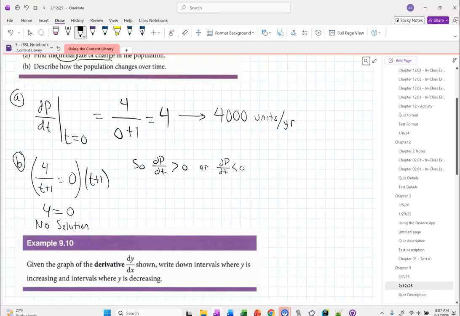I already know the answer. We've already done enough to tell us which one it is. dP/dt at 0 is 4.